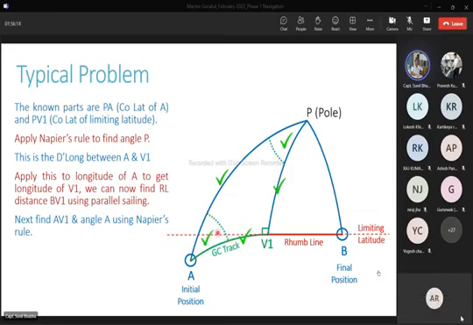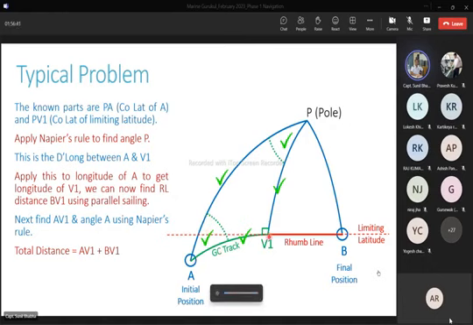So angle A is obtained next using Napier's rule, and this angle A helps us to find out our initial course. Exactly like we did in normal great circle sailing questions, following the 1 2 3 stepwise procedure.